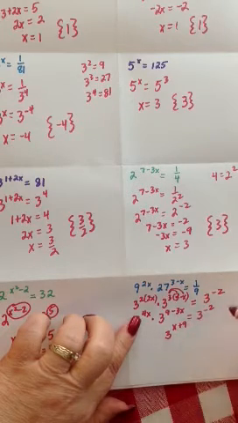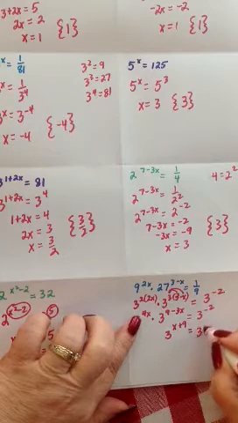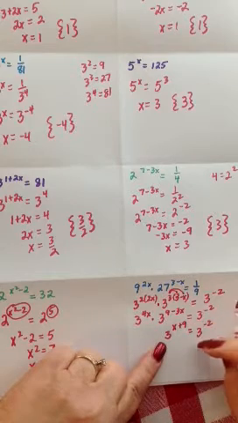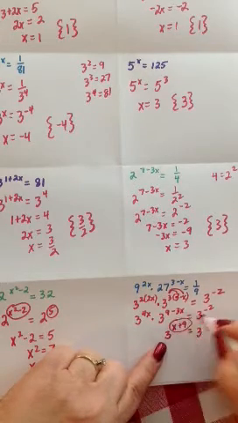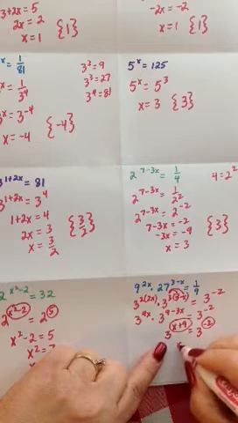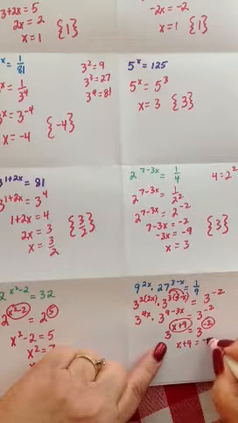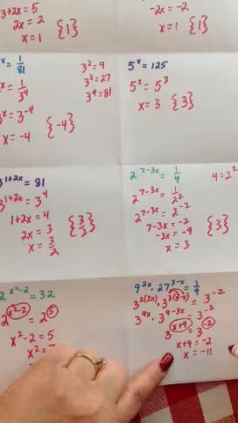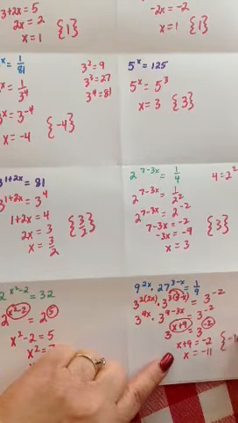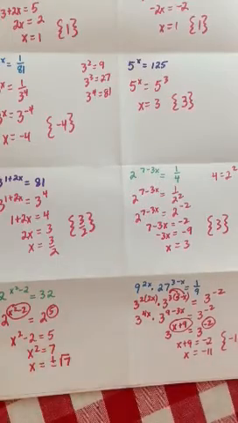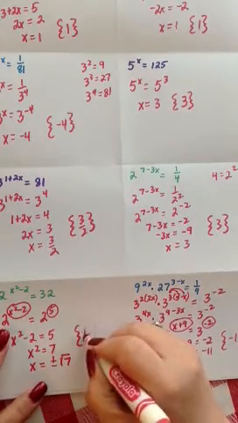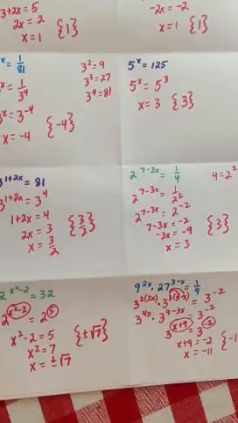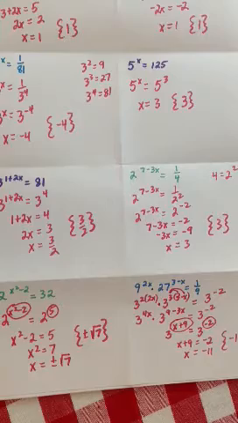So I get 3 to the x plus 9 equal to 3 to the negative 2. Now that I've written them as powers of the same base, there's a property that says these exponents must be equal to each other. So x plus 9 is equal to negative 2, and if you scoot the 9 over, you get x is equal to negative 11. So we'd have negative 11 as our answer. And right here, I forgot to write it in curly braces. There we go. Ta-da! Exponential equations solved.